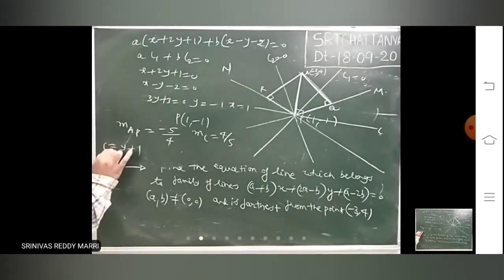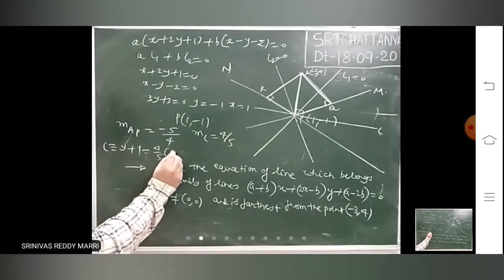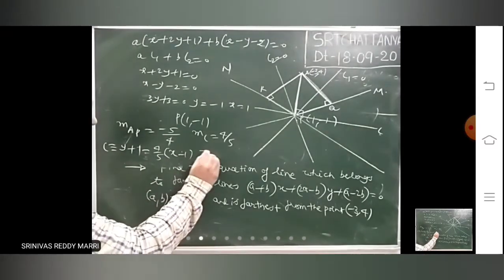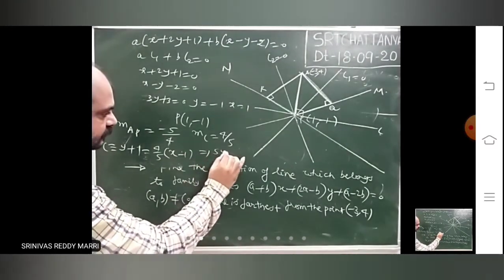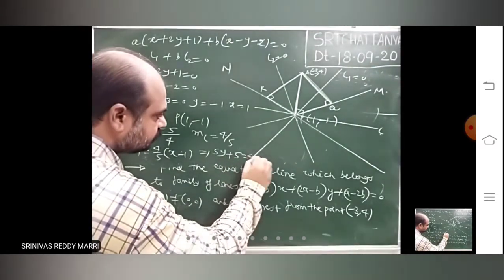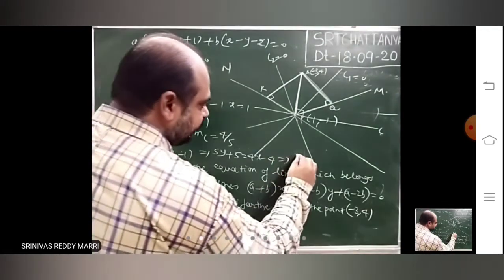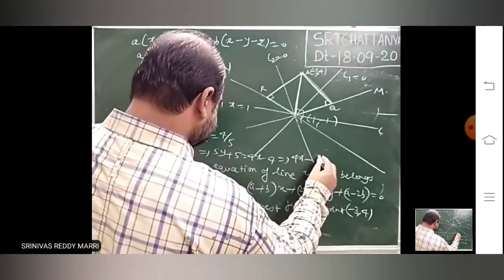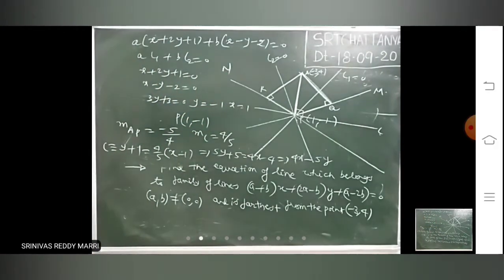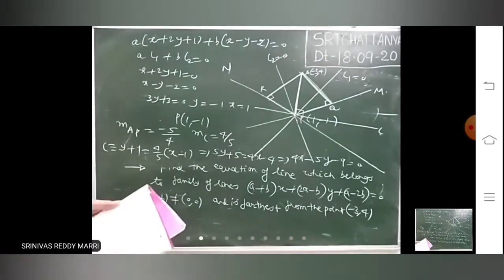That means line L is nothing but y plus 1 equal to 4 by 5 into (x minus 1). That implies 5y plus 5 equals 4x minus 4. That means the required line is nothing but 4x minus 5y minus 9 equal to 0.